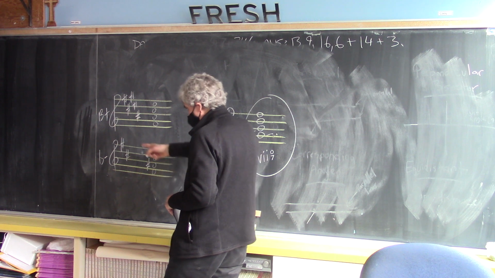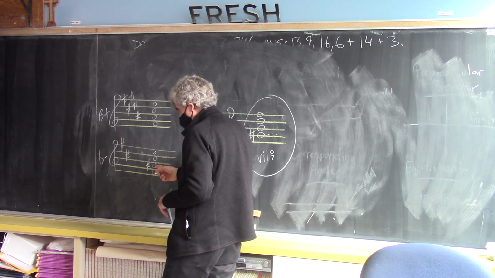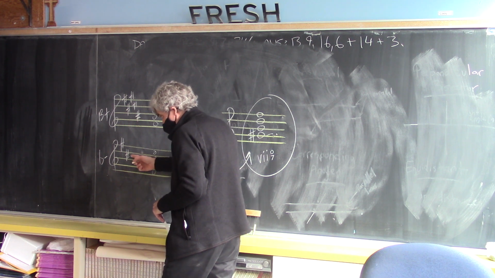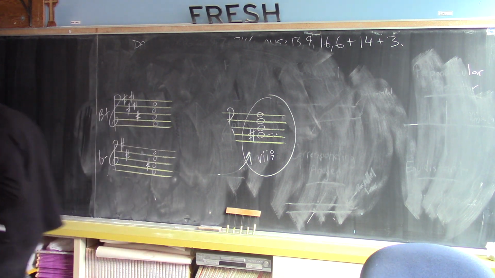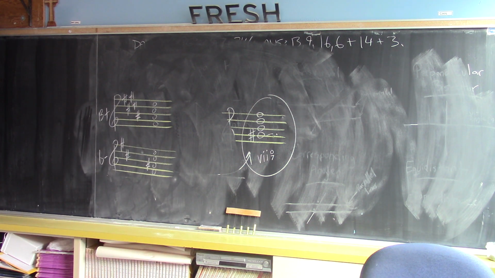This one here, F sharp, A sharp, that's the raised leading note, C sharp, E. If I play this chord, and then I play this chord, you can't tell which key it is. Could be B major, could be B minor, okay?